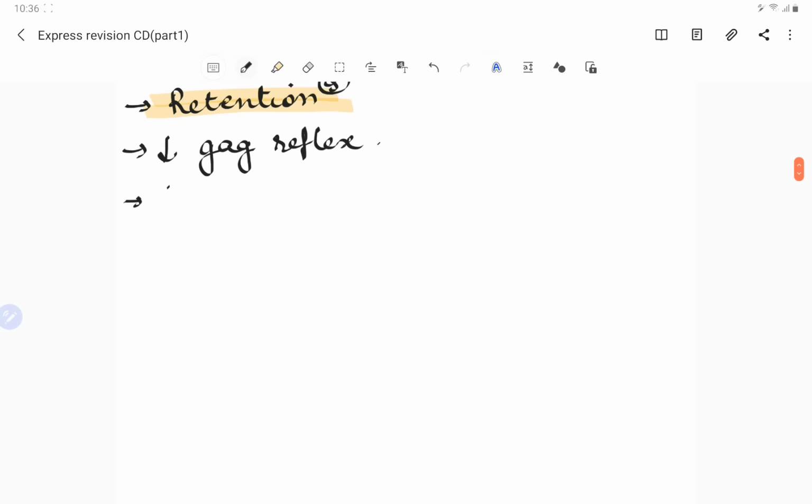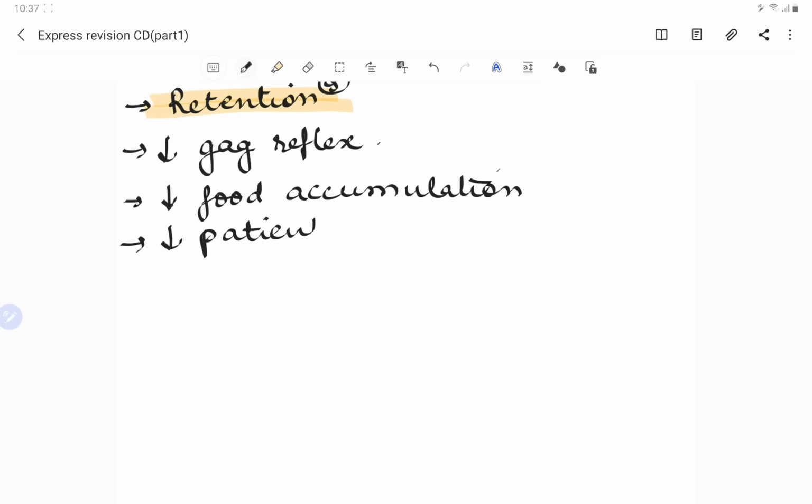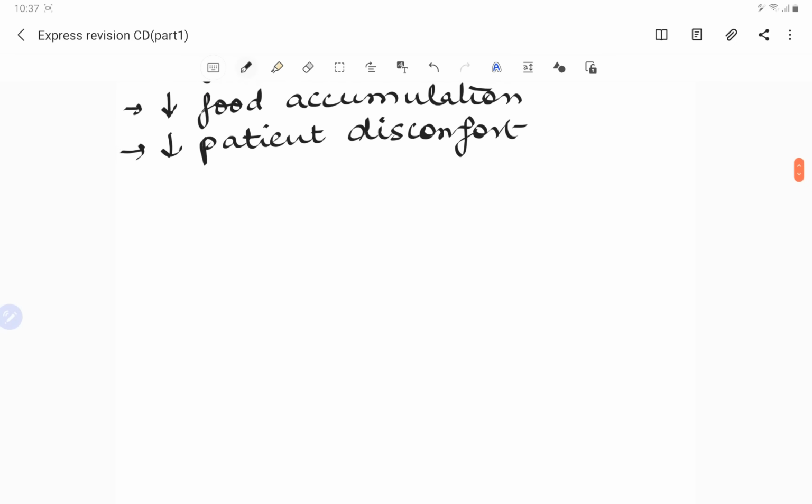So there is going to be reduced food accumulation. So food cannot go inside because there is no space, right? So that also will result in reduced patient discomfort, as the posterior end is closely bound to the soft palate tissues.